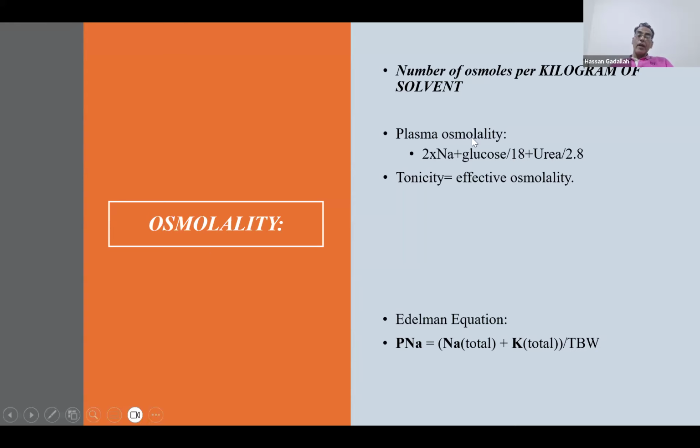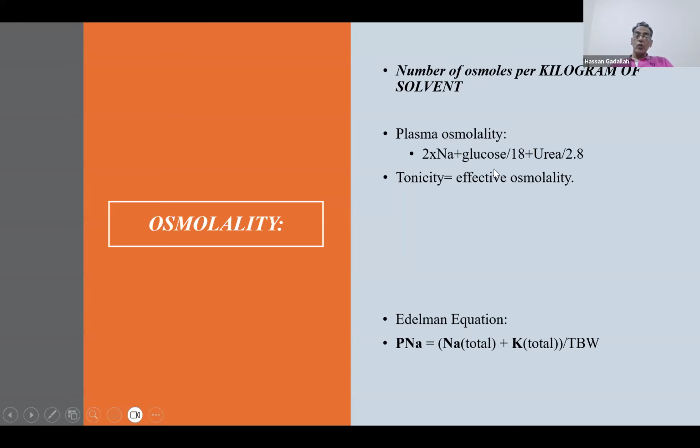We have particles which cannot cross the semi-permeable membrane, which in our case is a cell membrane, like sodium and chloride. But urea can cross, it's lipid soluble, so it can cross the cell membrane freely, and hence it cannot create an effective osmotic pressure. So it's not participating much to the tonicity.